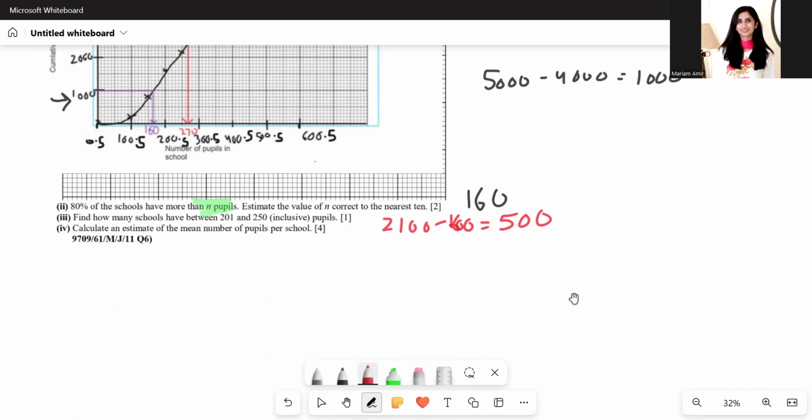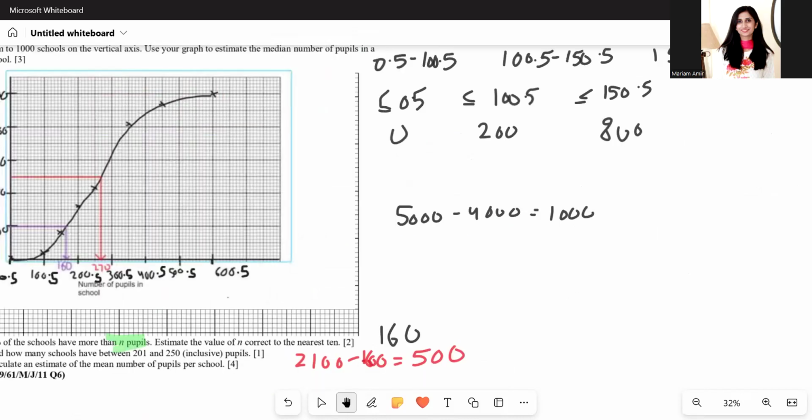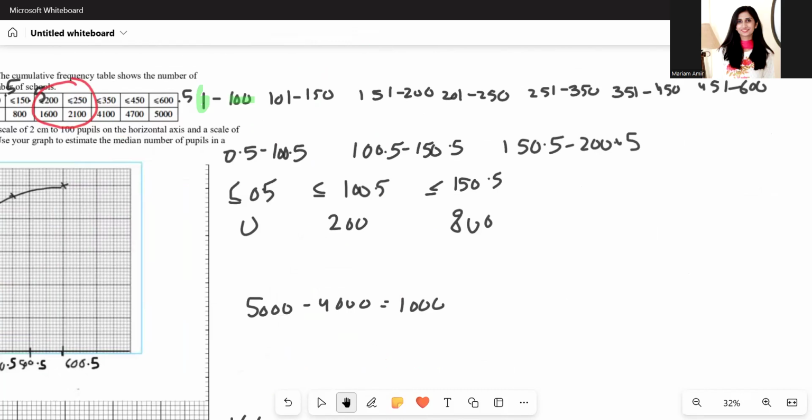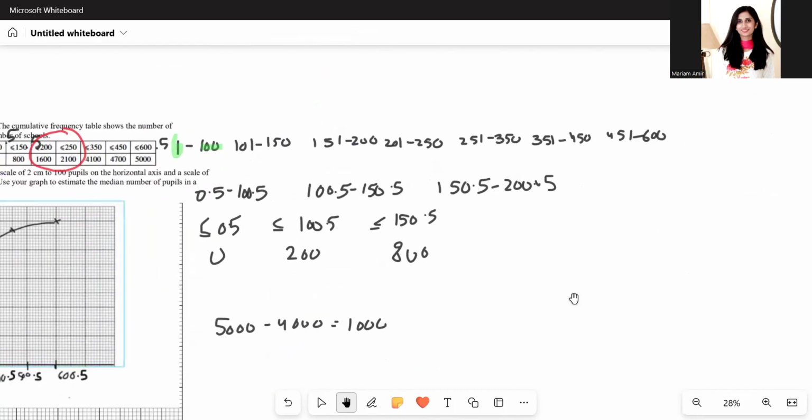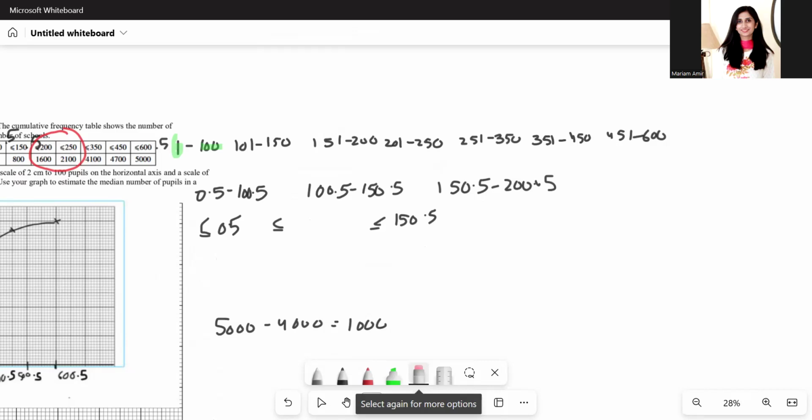Calculate an estimate for the mean number of pupils. For that, we go back to the frequency table. So we will need to change the cumulative frequency table into the frequency table. I'm going to keep the continuity corrections.